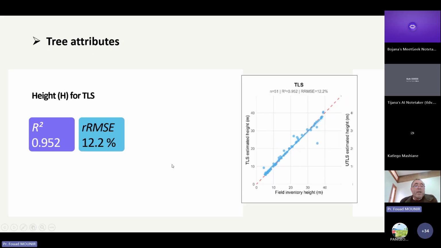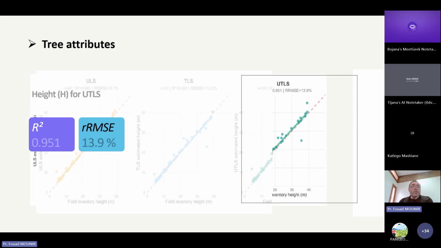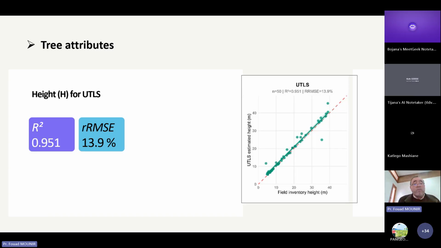The same case, but now using just TLS, and also here the accuracy is very high, and the relationship between field data and estimated data using TLS is very high. Concerning the same attribute, height, but this time we used all the aligned, combined data, TLS and ULS, and we still have a very good result.